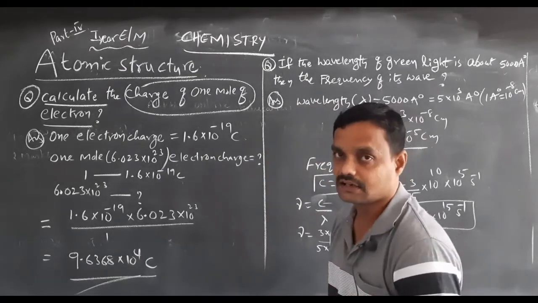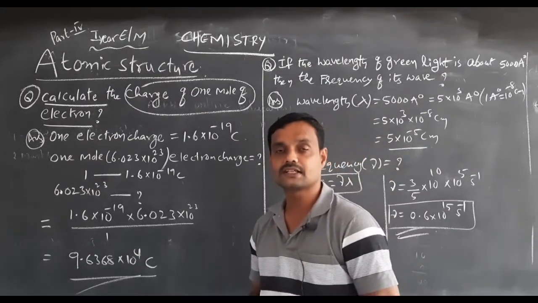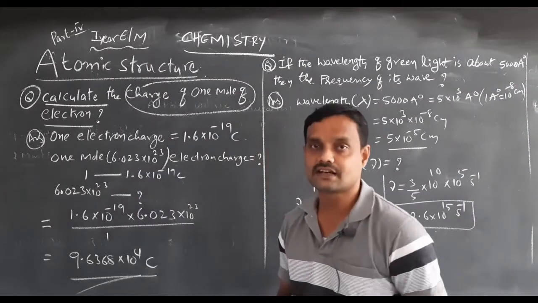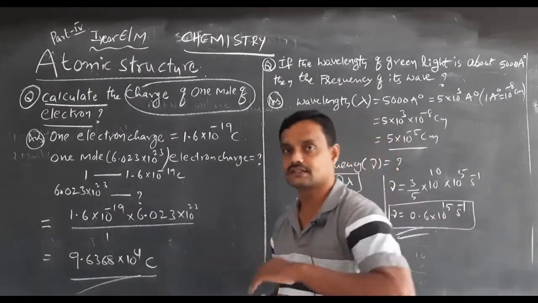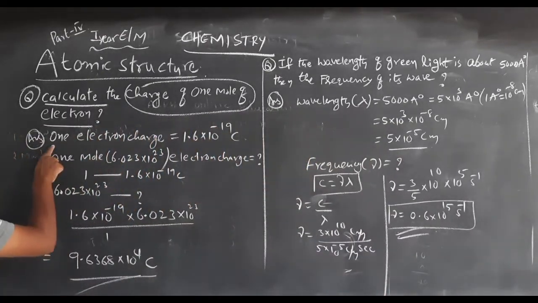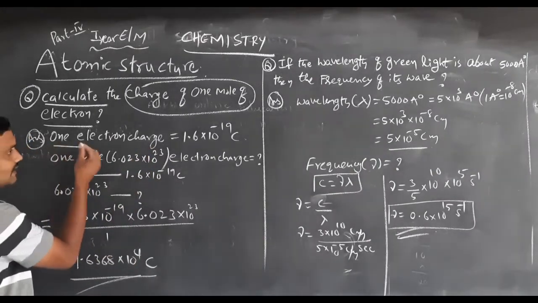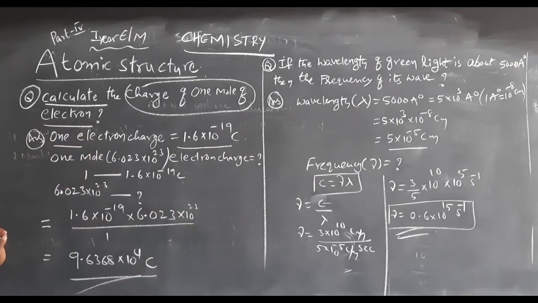By using that 1 electron charge, we should find out the 1 mole of electron charge. How can we find it? Let us see. 1 electron charge is 1.6 into 10 power minus 19 coulomb.